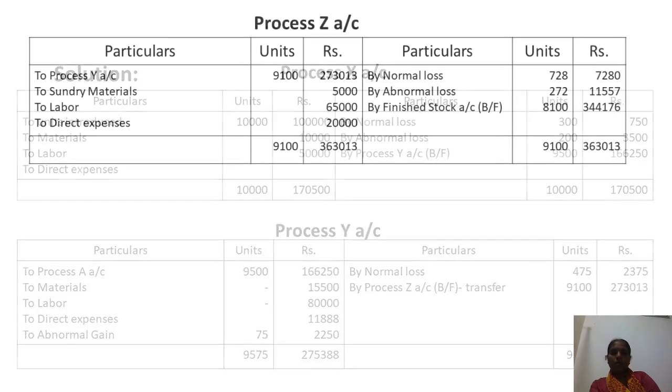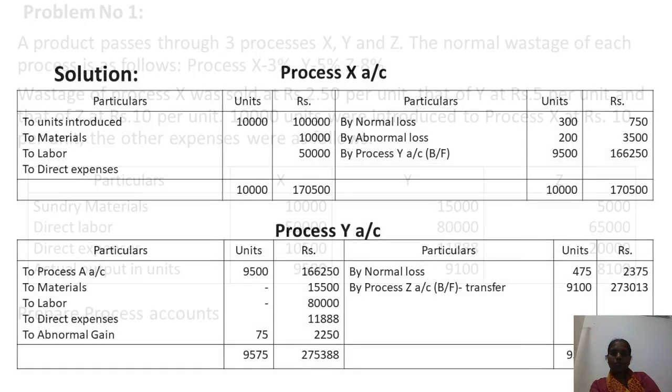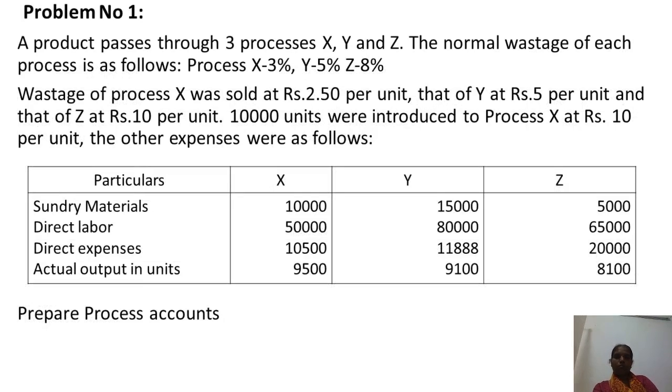Then in process Y, on the debit side we have to write direct expense. On the debit side of process Y, we have to write how many units have been transferred from X to Y, as finished units.